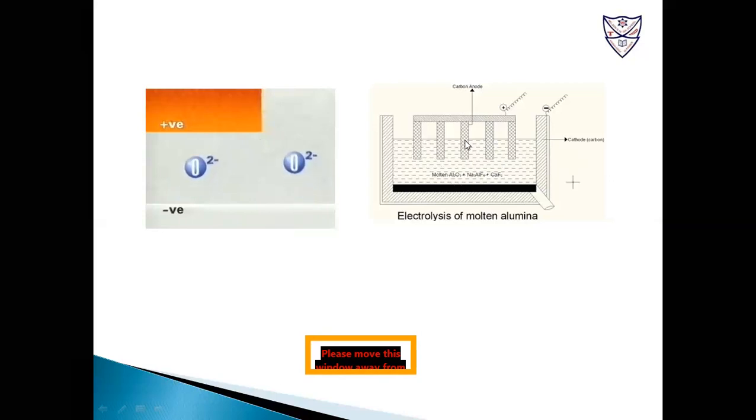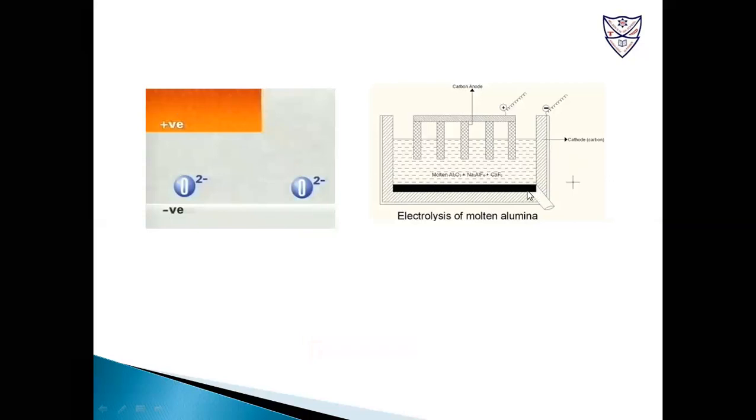As you can see in the GIF, aluminum goes to the cathode and oxygen goes to the anode. So you can collect the pure form of aluminum here, and aluminum is heavy, so it will settle down, and you can collect the pure aluminum from here.